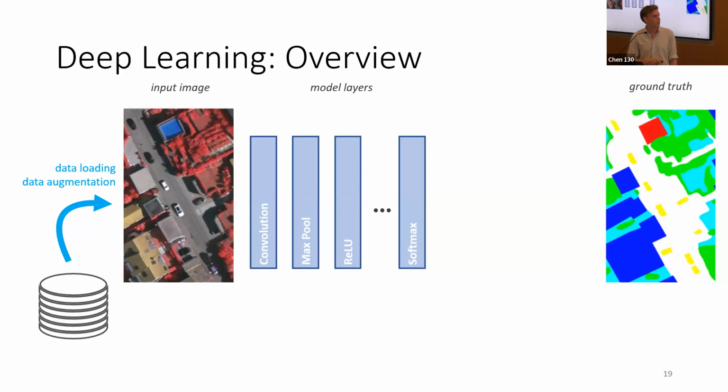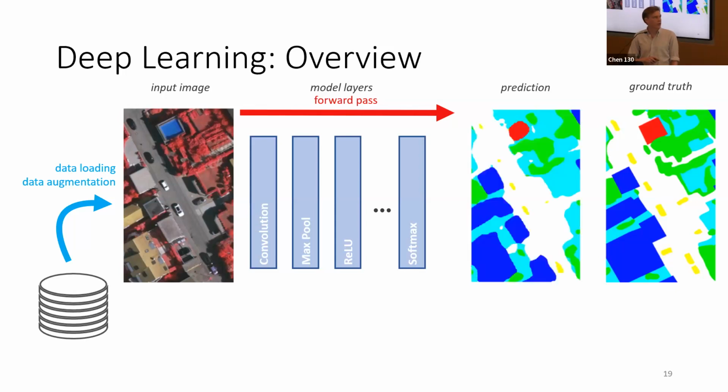For example, in this case, a convolution, the max pool, ReLU, softmax. Those terms might seem unfamiliar to you, and Suzanne will go over most of them in her lecture next Monday. So essentially, those are multiplications and nonlinear functions that act on the pixel values of your input image.